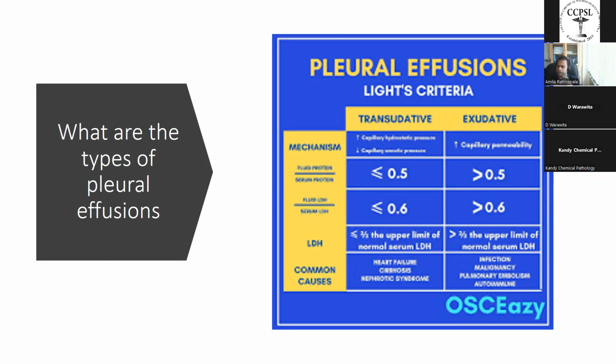Various infections, inflammation, malignancies, and autoimmune causes can all lead to exudative effusions. Organ failures, commonly cardiac failure, liver failure, nephrotic syndrome or renal failure, usually lead to transudative effusions.